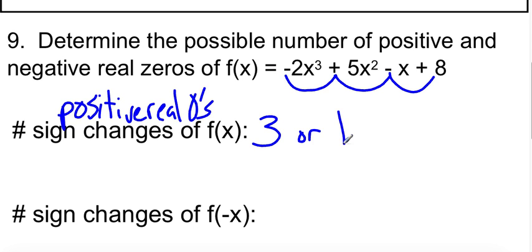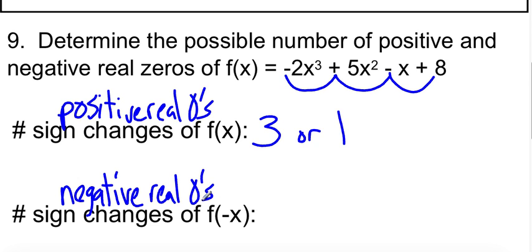Now if we want to know the number of negative real zeros, we need to look at f of negative x. So let's do that quick. For f of negative x, you need to plug in negative x. Oh, that was not what I meant to do. It needs to be on the outside.